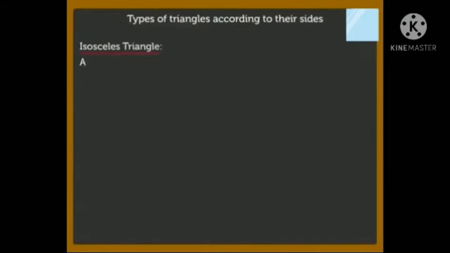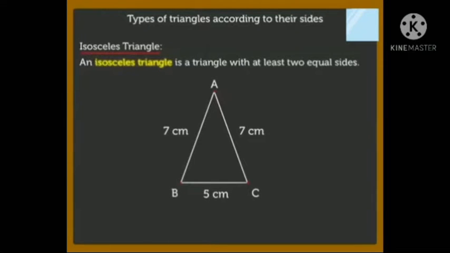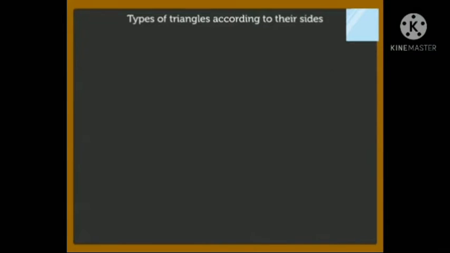Second, isosceles triangle. An isosceles triangle is a triangle with at least two equal sides. You can see in the figure side AB is equal to side CA, which is 7 cm. So the triangle ABC is an isosceles triangle.